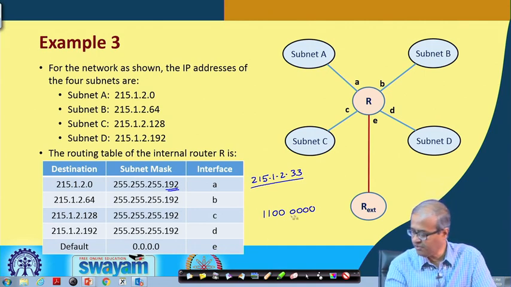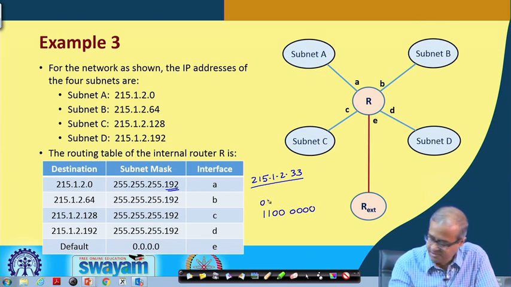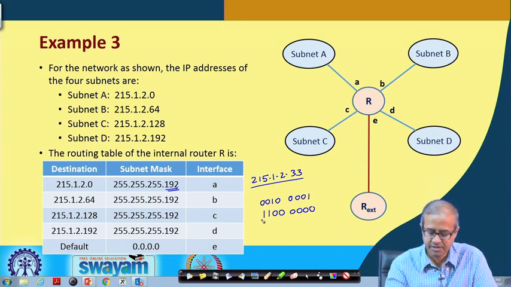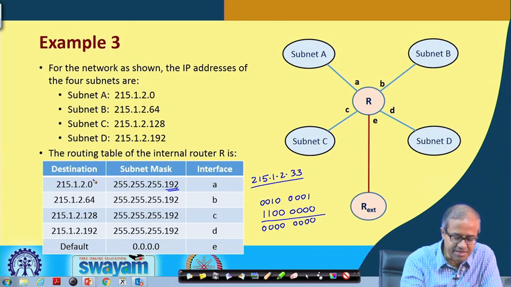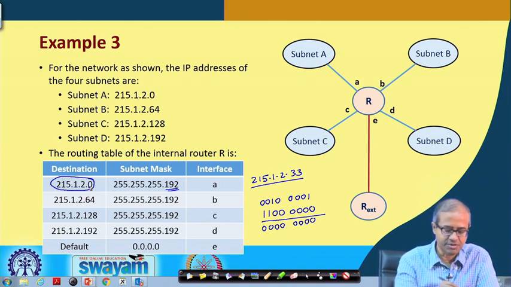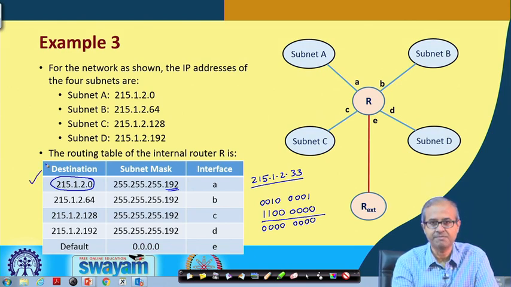Now, this 33 we will have to AND with this. What is 33? 33 is 0010 0001, that is 32 plus 1. If we do a bit by bit AND, it becomes all zeros. So, the last byte will become 0. So, you see there will be a match with this 215.1.2.0. In the first row there is a match.